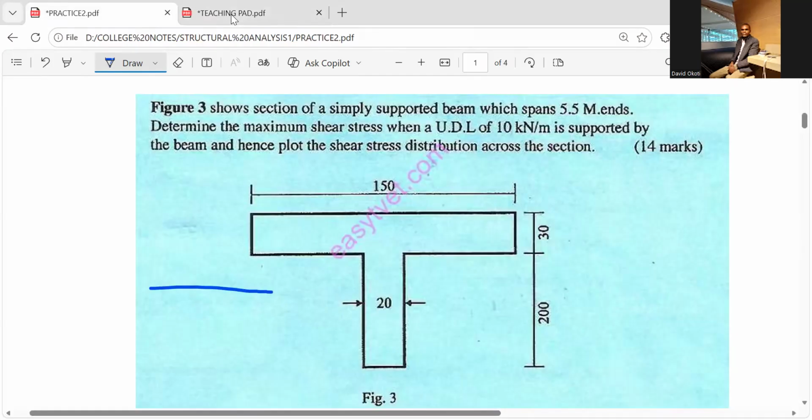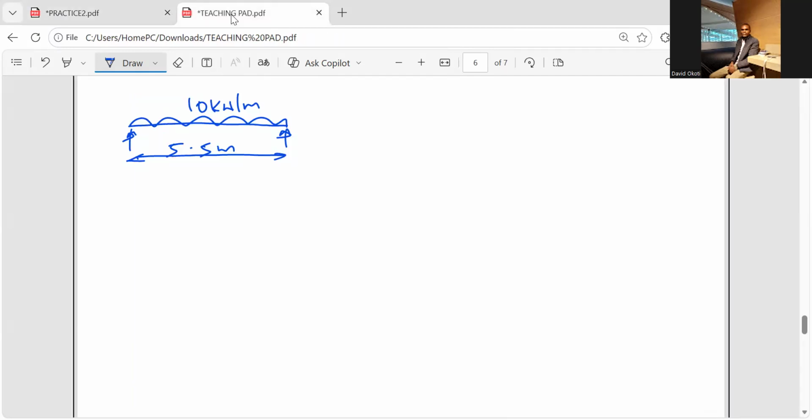Now the first task I'm going to do here, I know at any point the value of shear stress is given by F A y bar divided by I B. But for all the sections, for all the parts, the value of F and I are constants.